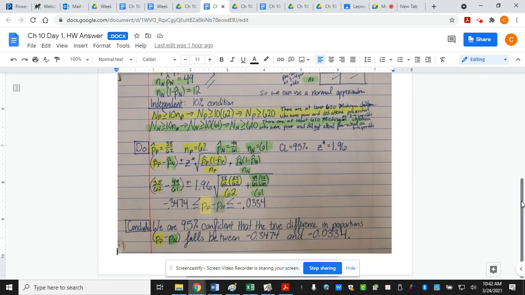So here we did an interval of the difference. This number is negative, this number is negative. With an alpha equals 0.05, it's opposite of that, would we have evidence that they are different? Yes or no? Would we reject or fail to reject that they are different?